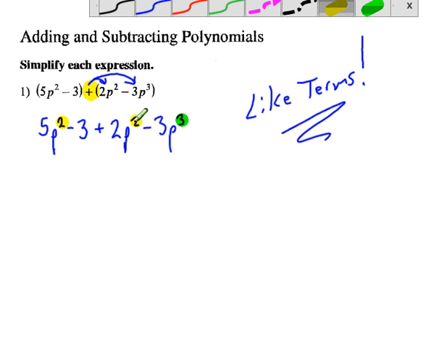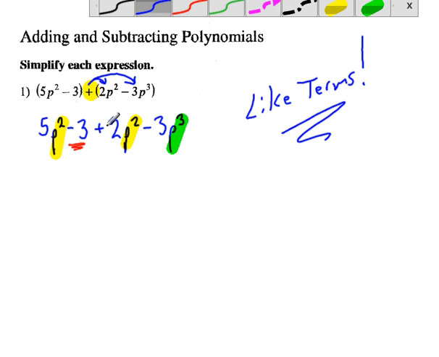Those are like terms. They have the same base. They have the same exponent. The yellow and the green cannot be combined. Right? They both have p as the base, but that doesn't mean anything. And then I also have just a 3 that is all by itself here.